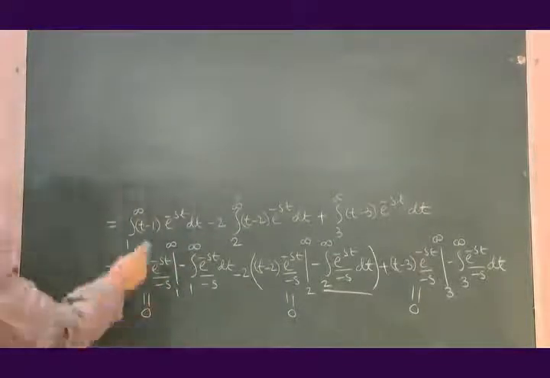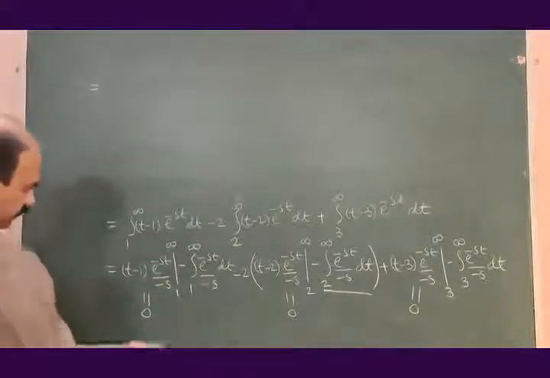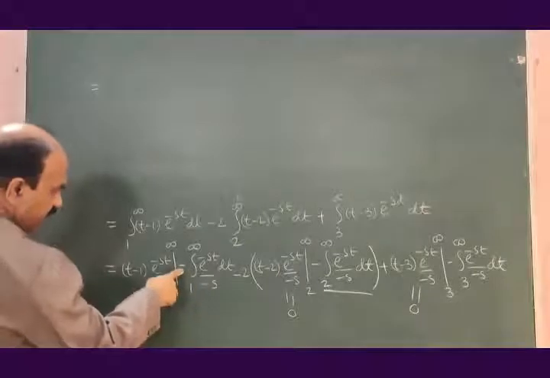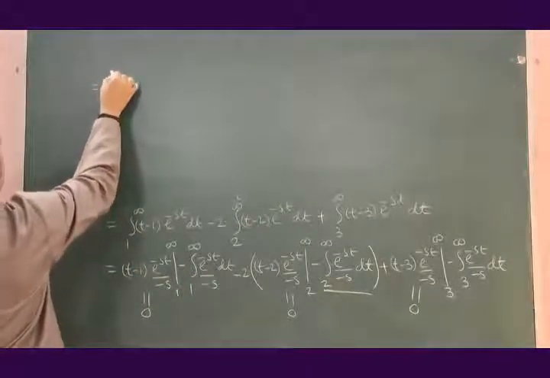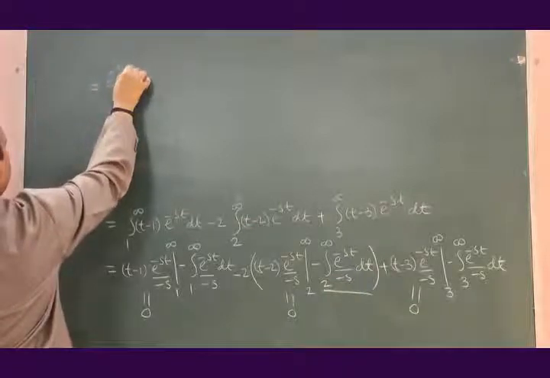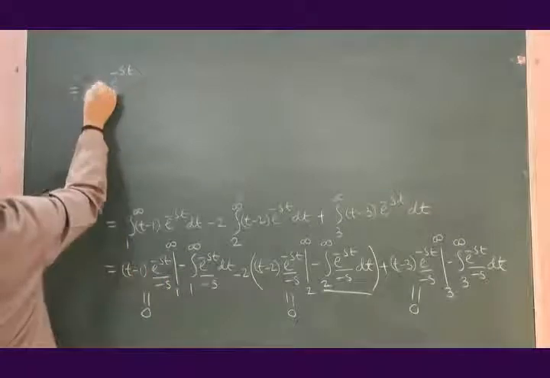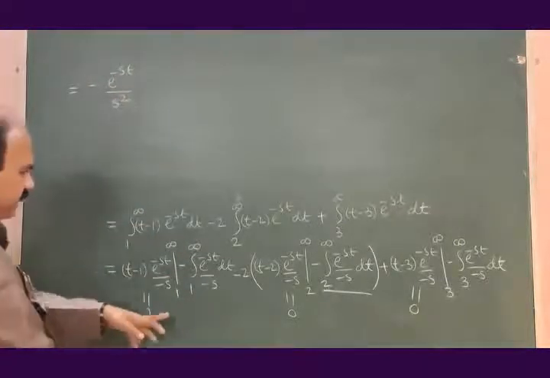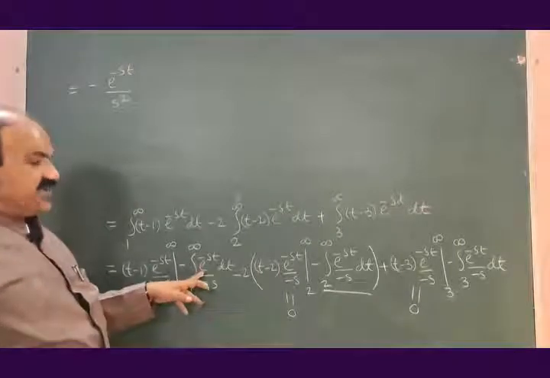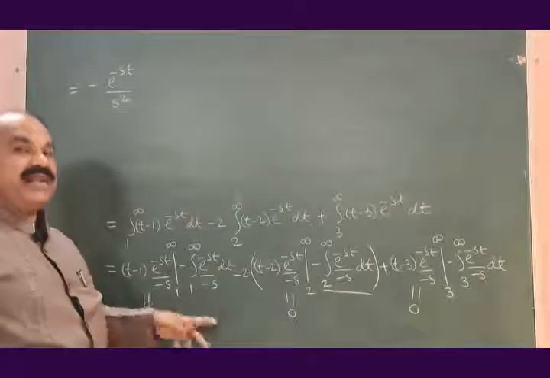This is equal to minus minus plus, and so it is e to the power minus st. Let me put this minus as it is, divided by s squared. Integration of this is e to the power minus st divided by minus s.